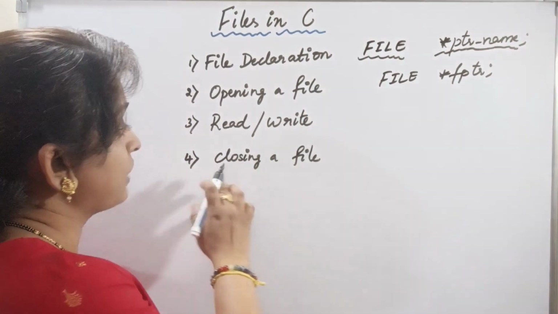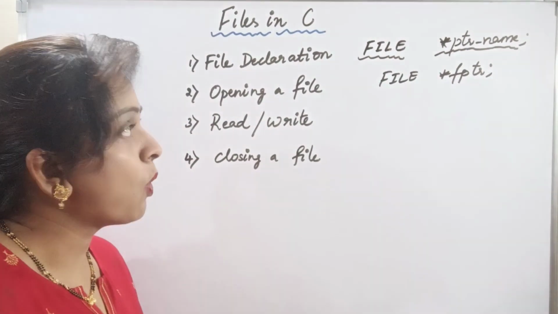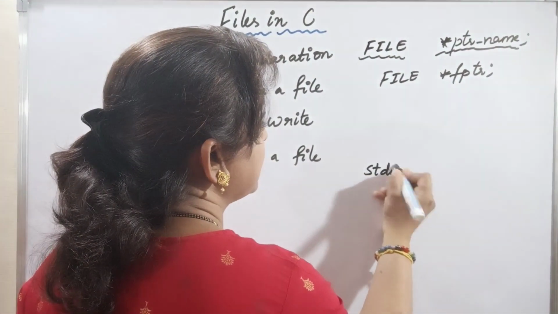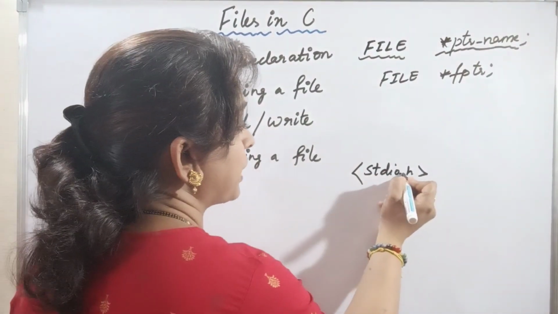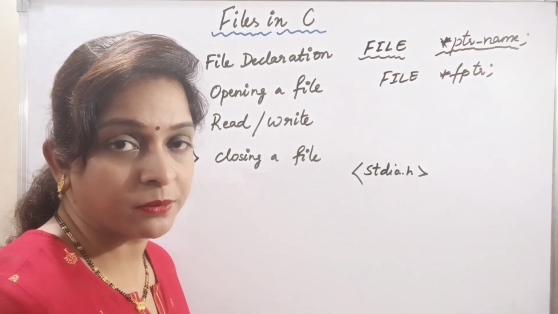Then finally, we have to close that file with some function. And all these functions are handled by the header file stdio.h itself. The standard input output header file manages all these file operations.